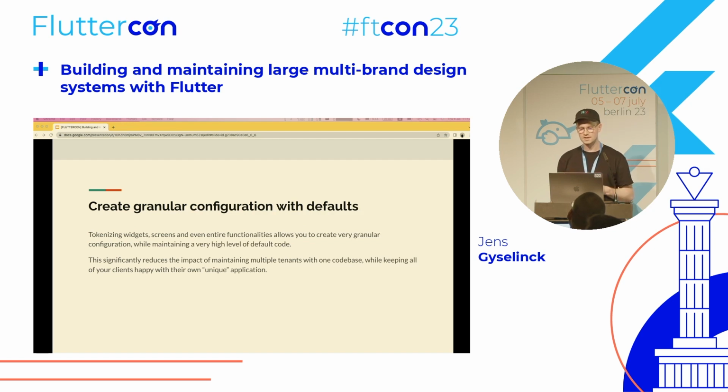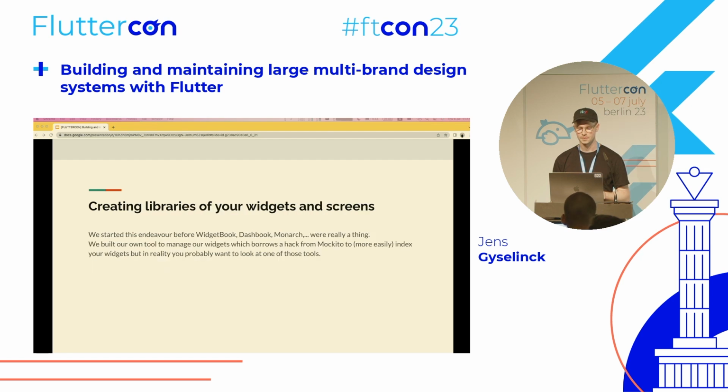So to reiterate a little bit, create granular configuration, but use sensible defaults so that you don't have to do a lot of configuration work if you're setting up a new app that you're going to brand. And then finally, you probably also want to create libraries of your widgets and screens. Currently we have a configurator tool which actually wraps our normal tool.